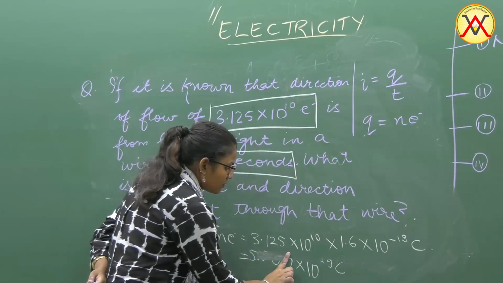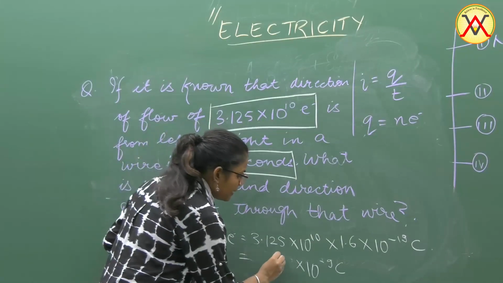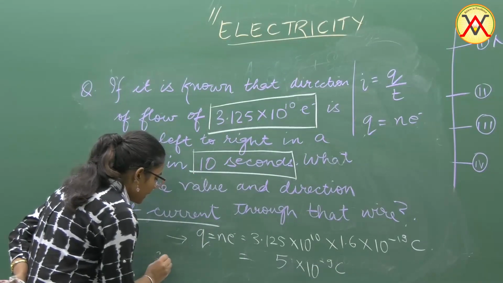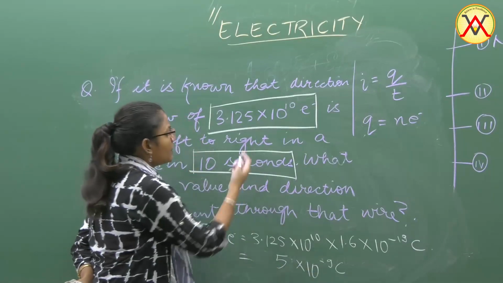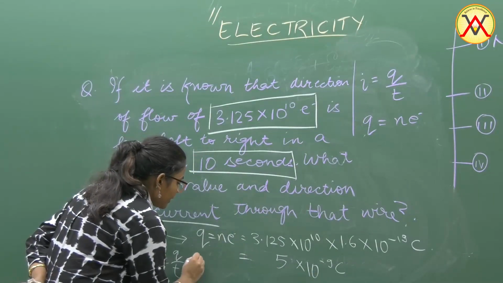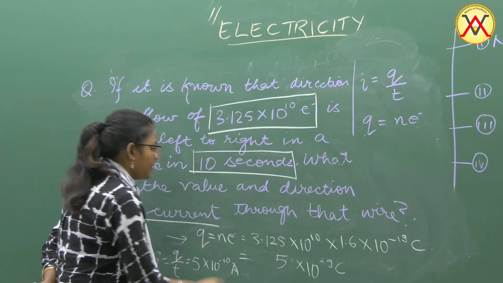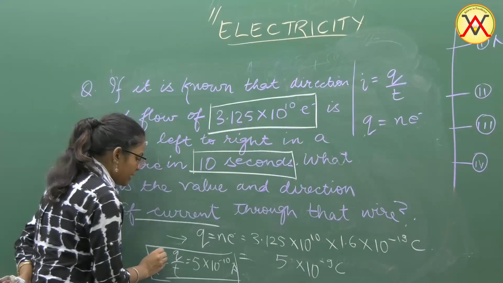This becomes 5 into 10 raised to power minus 9 coulombs. Okay. So now our current would be what? Q by T. This divided by 10 would give current equals to 5 into 10 raised to power minus 10 amperes. This is the value of current.